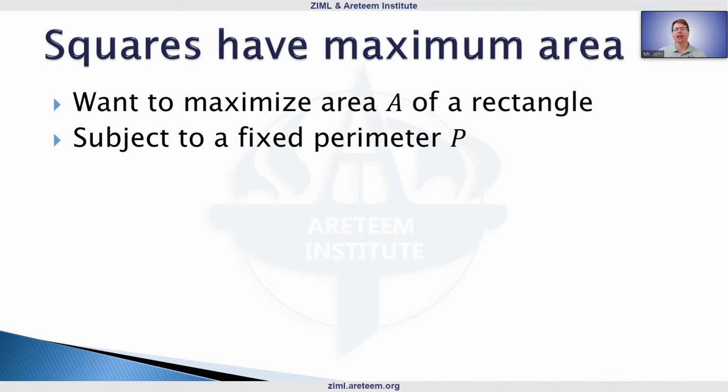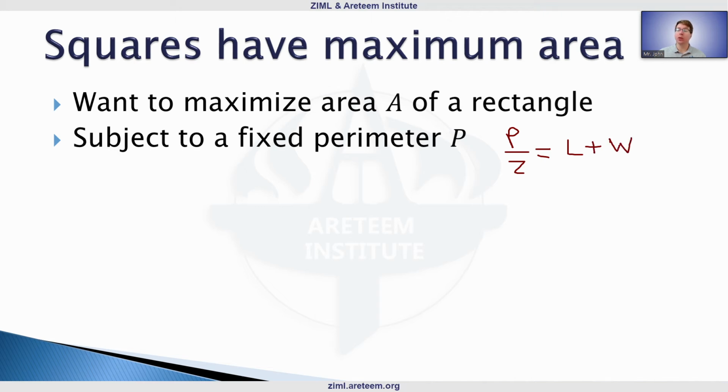So let's try to look at this in general. We want to maximize the area A of a rectangle subject to a fixed perimeter P in this case. So let's do this a little bit quicker than before. We know, let me write it out here right away, P over 2 is equal to the length plus the width.